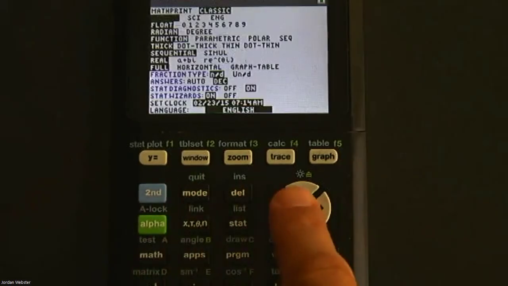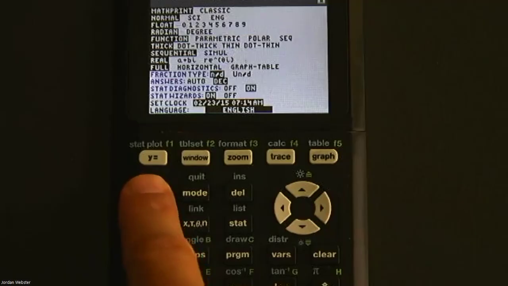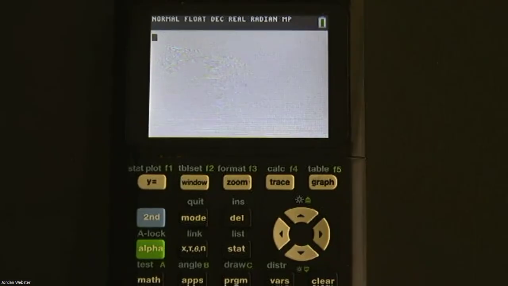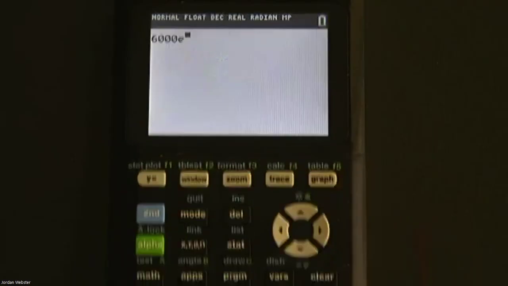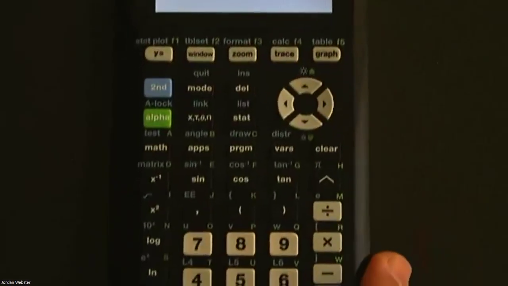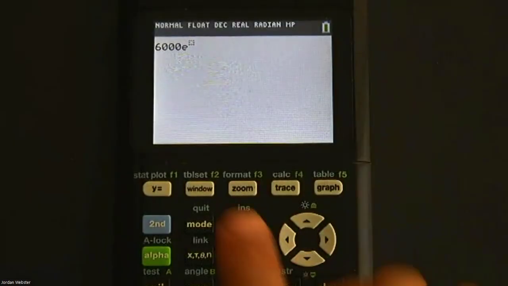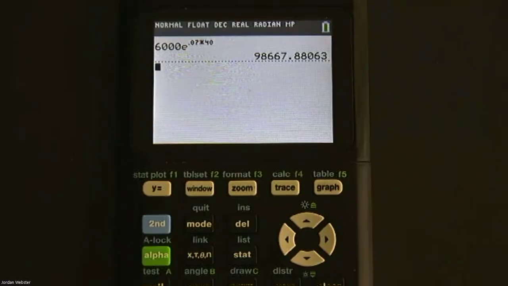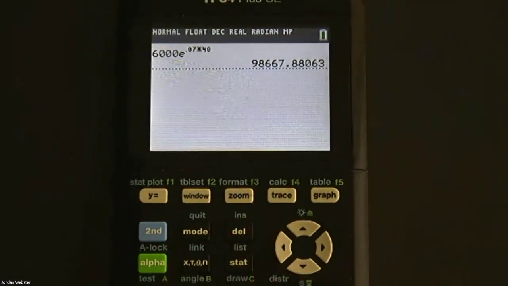If I'm in the math print mode on my calculator, then typing that same thing, hitting this e to the power button indents the exponent so I can take 0.07 times 40 and not worry so much about the parentheses. You see that we get the exact same value each time.